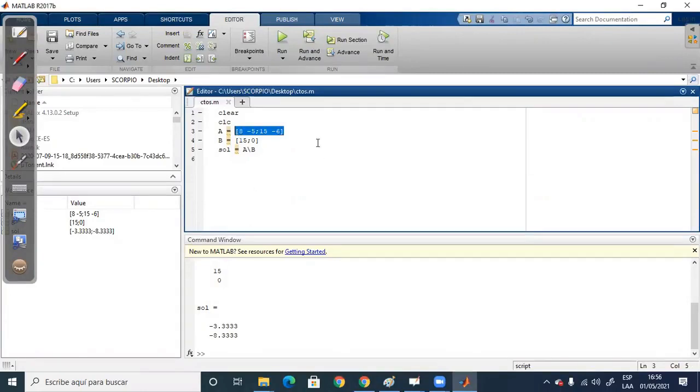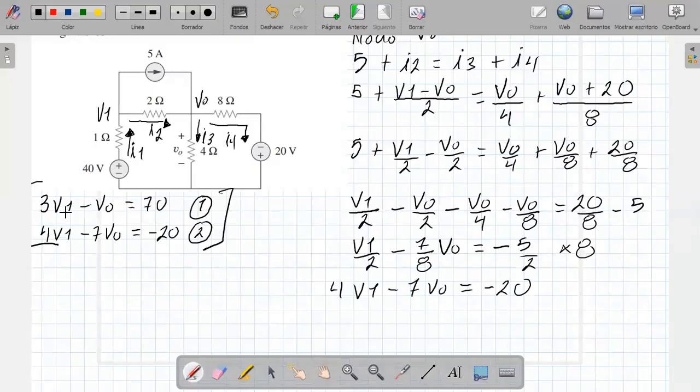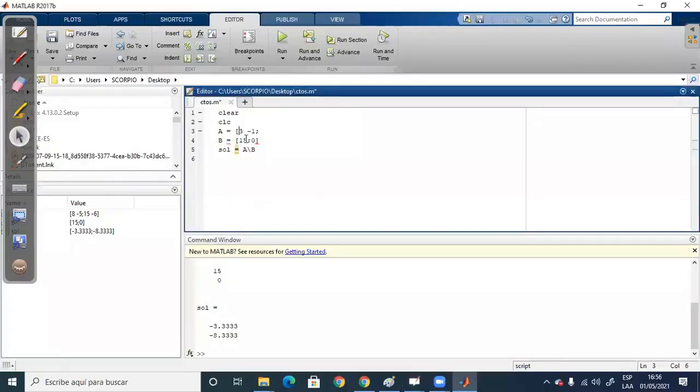I put the matrix in the calculator: open bracket, 3 space minus 1 semicolon 4 space minus 7, and close.